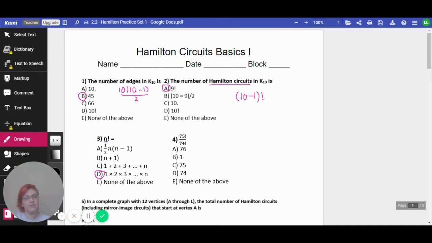So 74 would cross out, 73 would cross out, 72 would cross out. Everything crosses out except for 75. So the answer would be 75. And you can quickly check that on your calculator: 75 math, PRB, 4, divided by 74 math, PRB, 4.